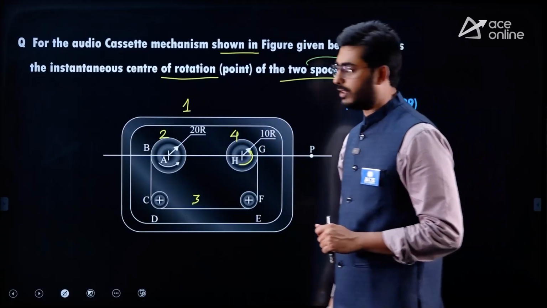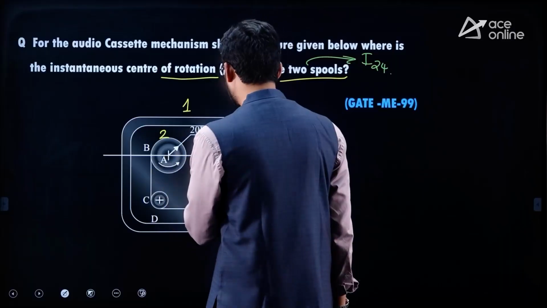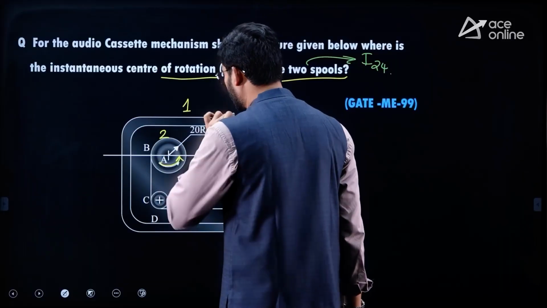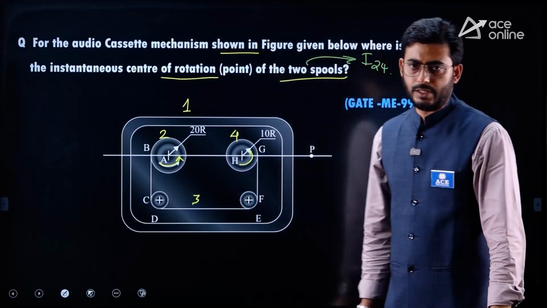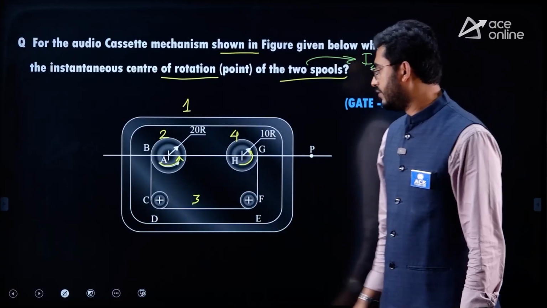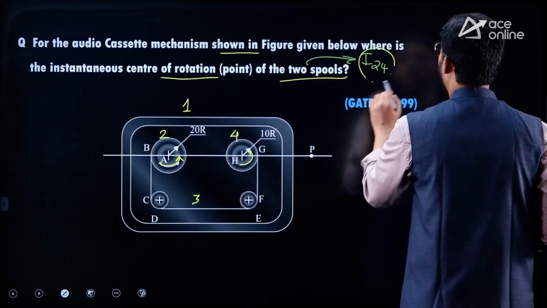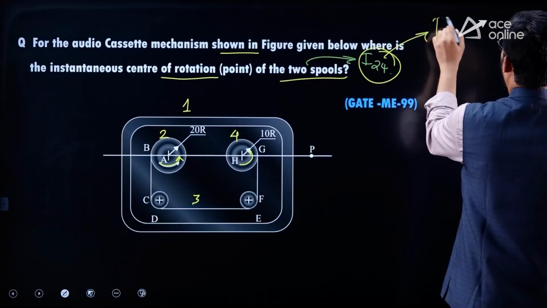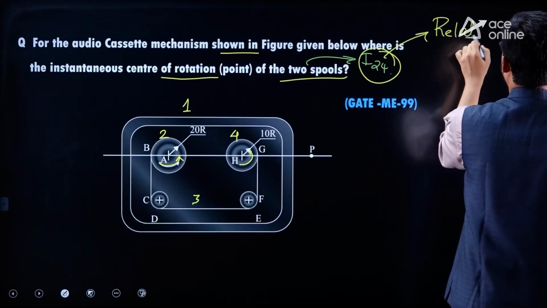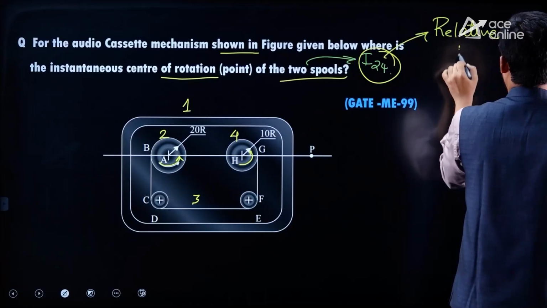That's how the mechanism works, which means the sense of rotation of 2 and 4 should be the same. So if the sense of rotation of 2 and 4 is the same, this I24 is called the relative eye center.